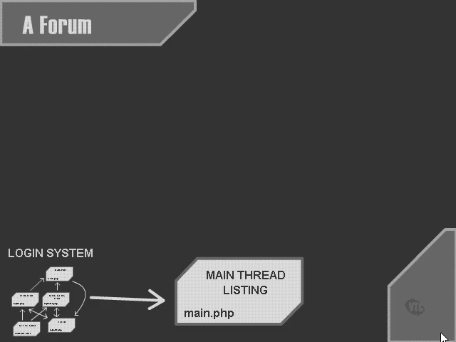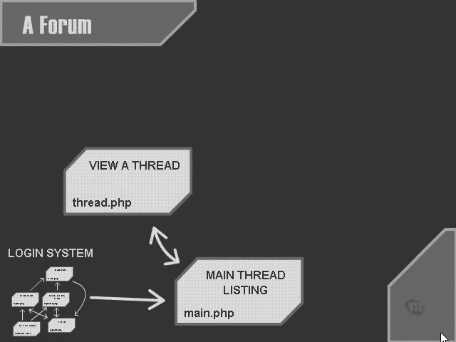Then we'll need a page where the threads will be listed so that the user can see the most recent threads on the forum and view any thread that they choose and make their posts from viewing the threads. So we'll need a page to view the threads.